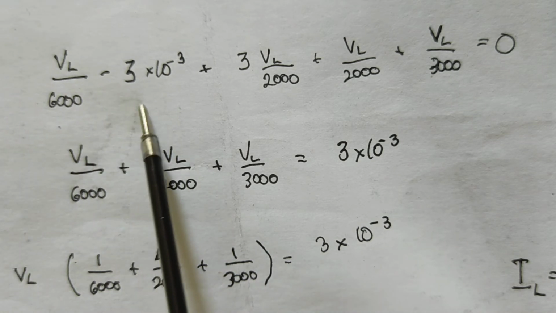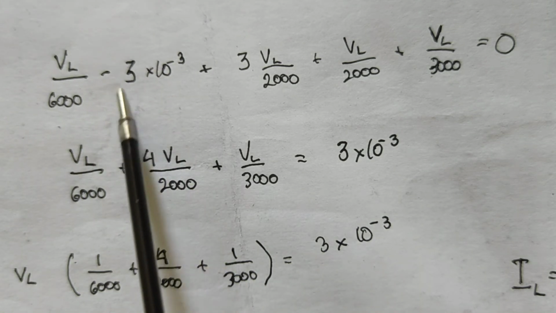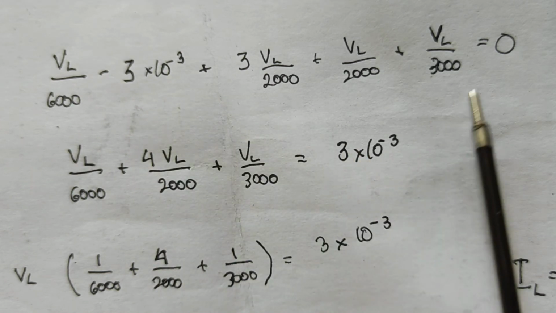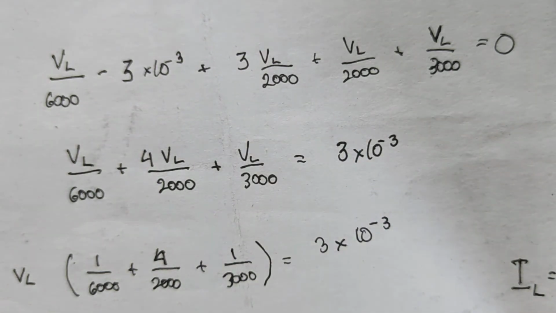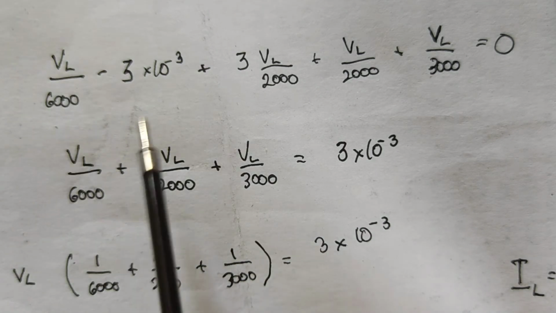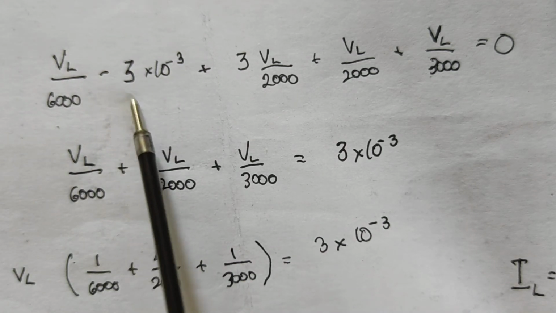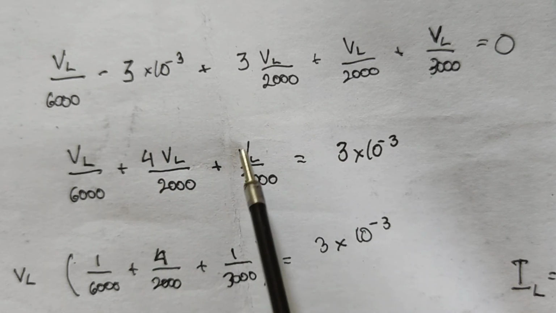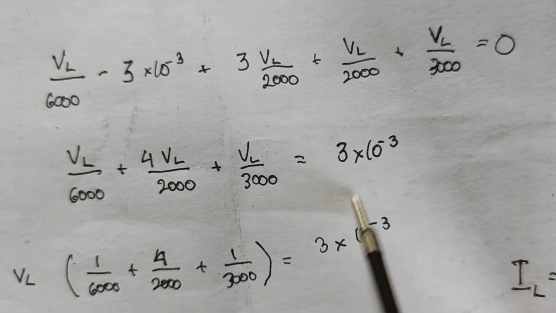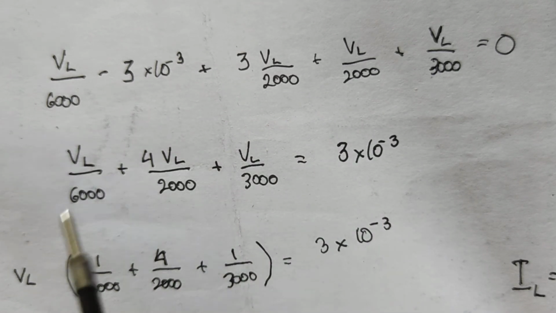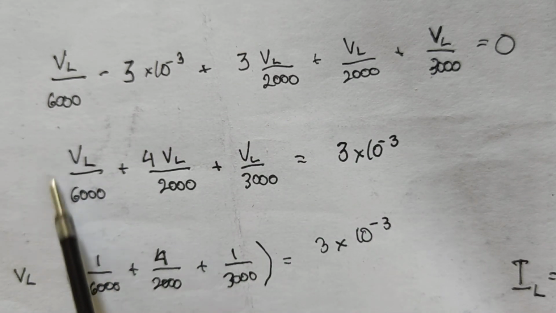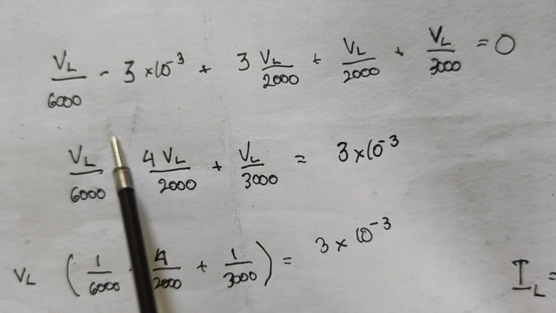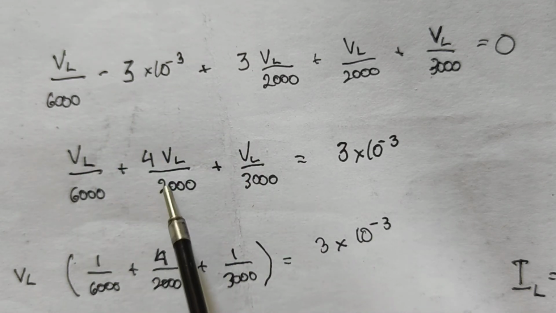I transposed this current to the other side of the 0. Since this is a negative value, by transposing it to the other side, it becomes positive. After that, I would just add up all the VL terms.